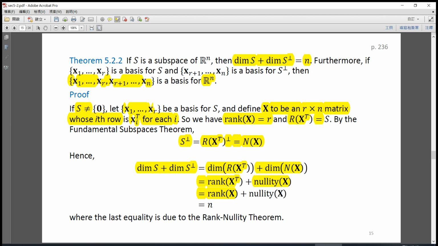And we know from the rank nullity theorem, rank X plus the nullity of X equals n, where n is the number of columns in X. And thus, we have proved the first statement of Theorem 5.2.2.